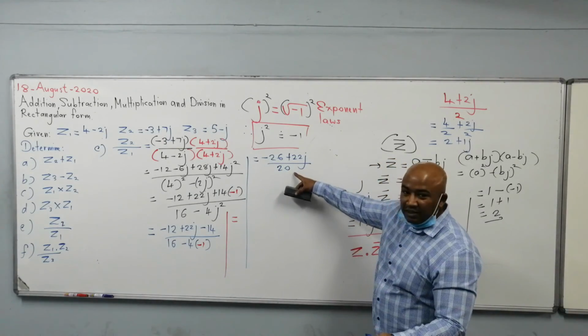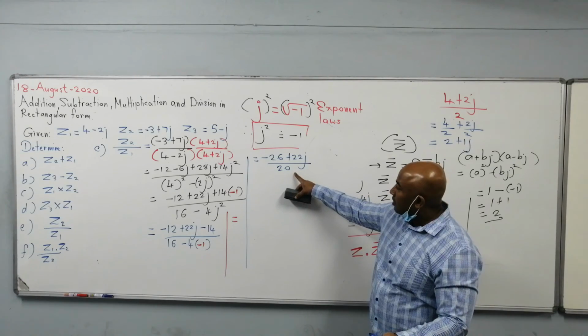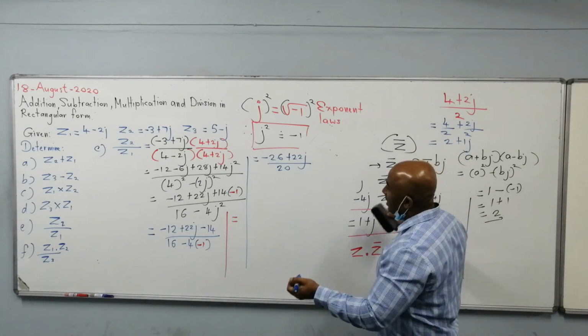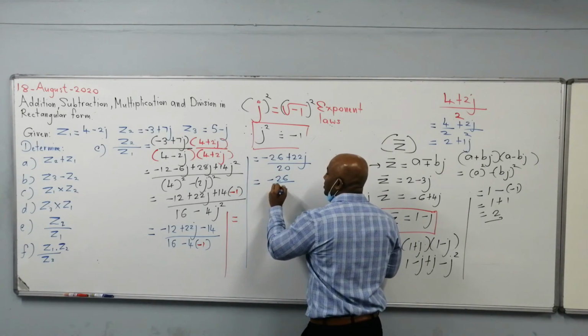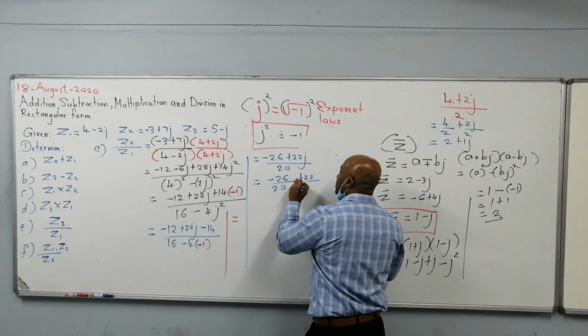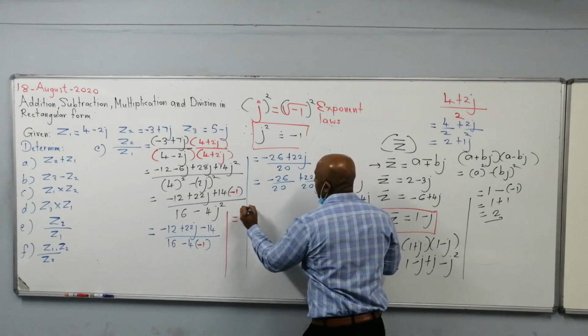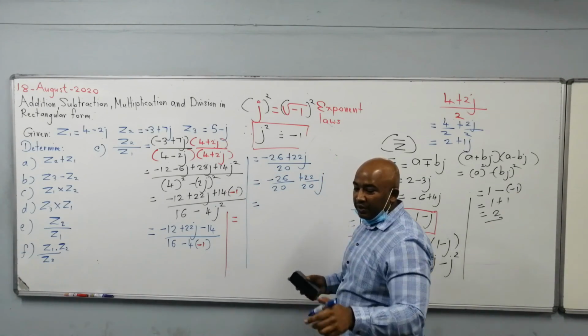And finally now, what happened here? I have a real number. So when I have a real number, all I have to do is divide minus 26 over 20 plus 22 over 20 j. Divide this here for me quickly.